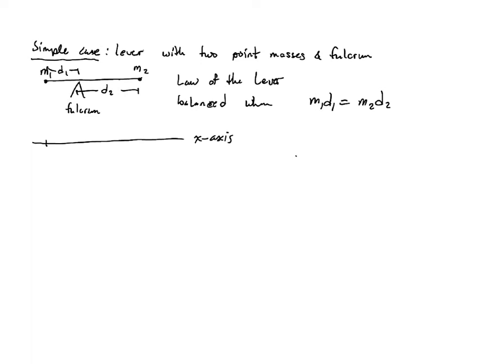And now we'll look at mass number 1 sitting at a point x1, mass number 2 sitting at a point x2 relative to the origin, and then the fulcrum is somewhere in the middle, say at a point x bar, right? And this goes with the notion that we had previously of this being related to the center of mass.